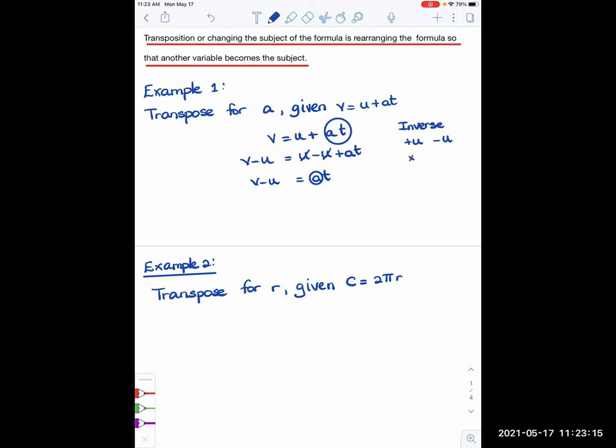So the inverse of multiply by T is simply divide by T. So I'm going to divide both sides by T. So here, A is V minus U over T. So now I have completely transposed the formula so that A is the subject, because A is a single variable on one side of the equation.